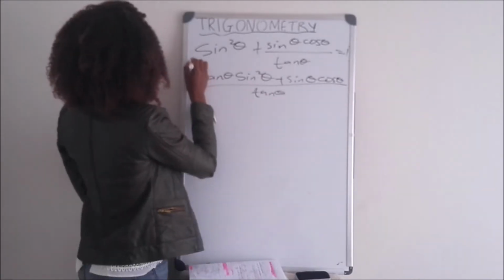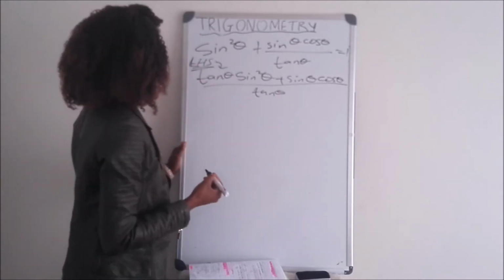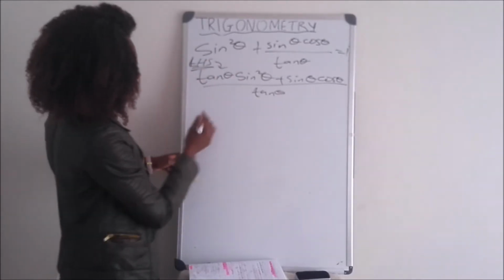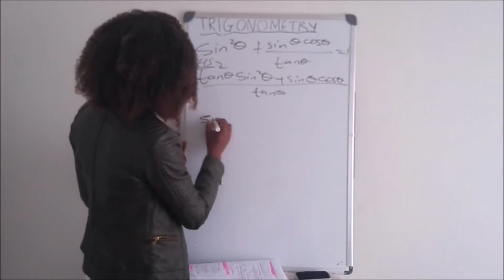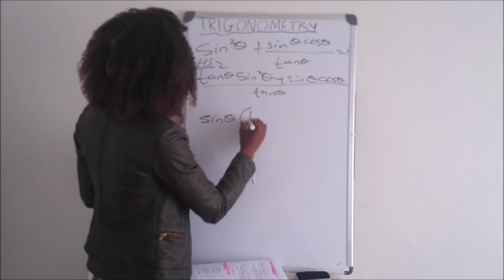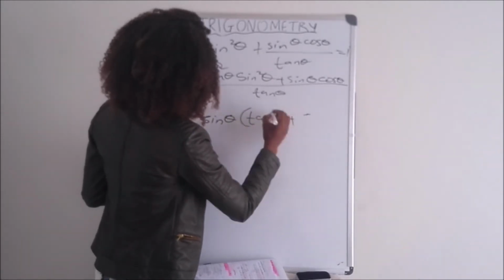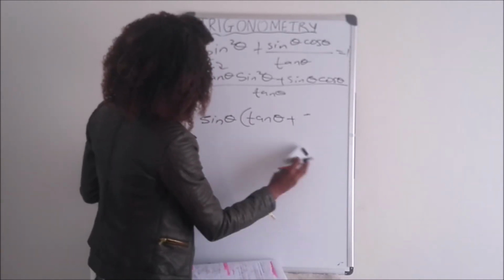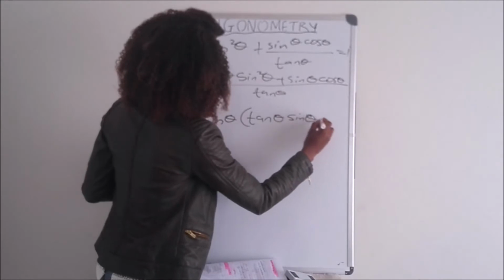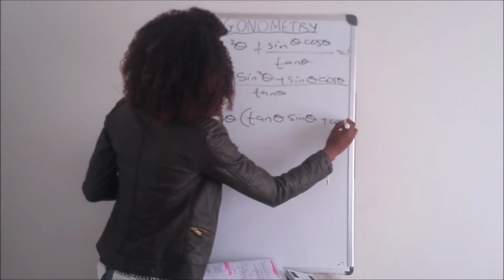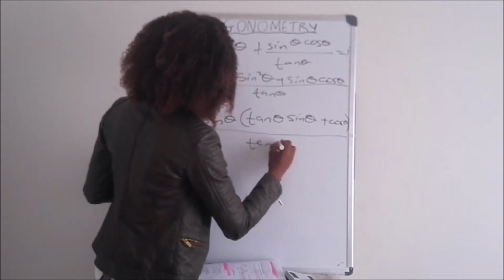Remember guys to always write that you are answering from the left hand side. Then from here we can now take a common factor of sine theta, of which we'll have sine theta into sine theta plus cos theta, because the sine theta is squared. Then divide by tan theta.